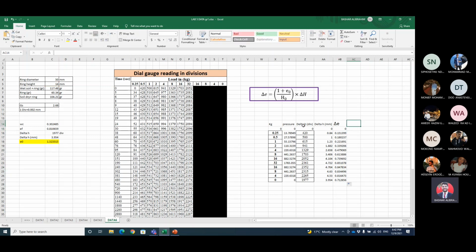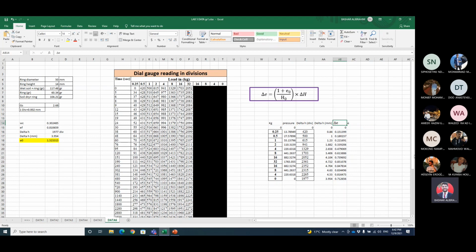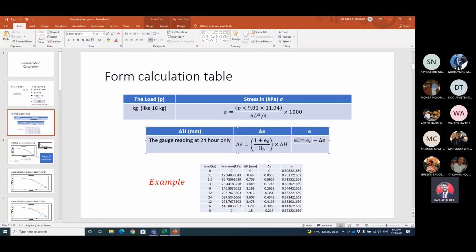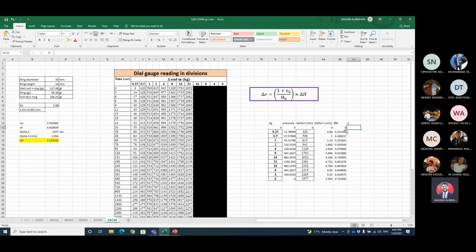Now I can find e. Let me just reduce the font of this one. Okay, so now e is, again, I will go check the formula. So e is e0 minus change in e.